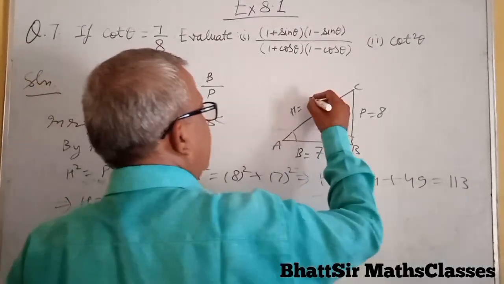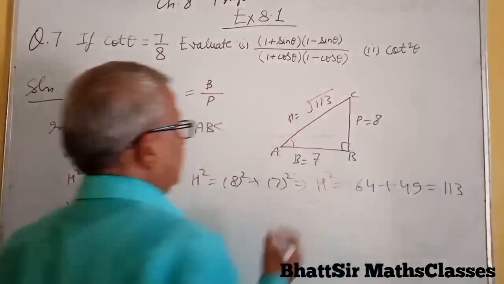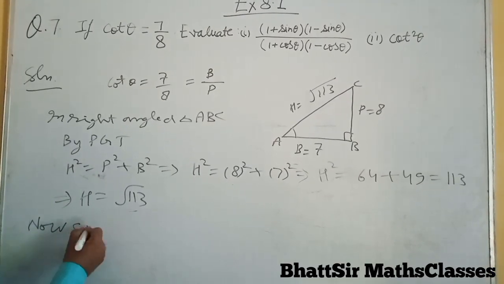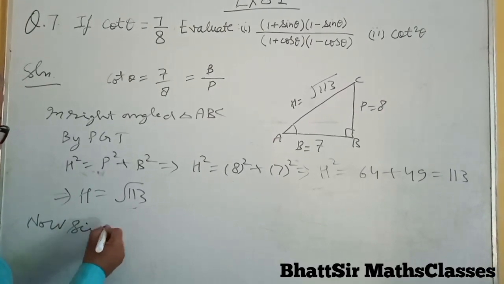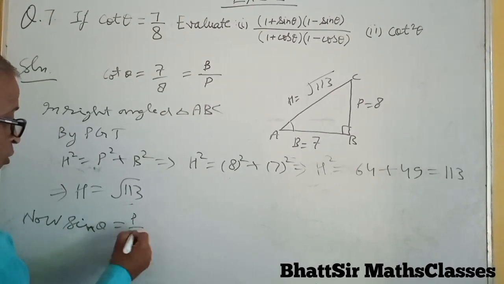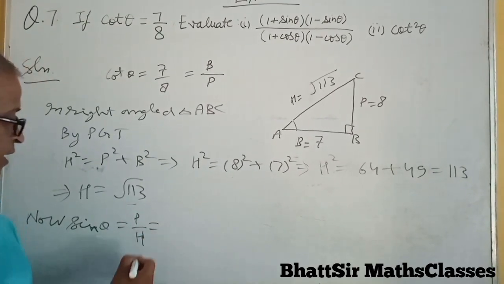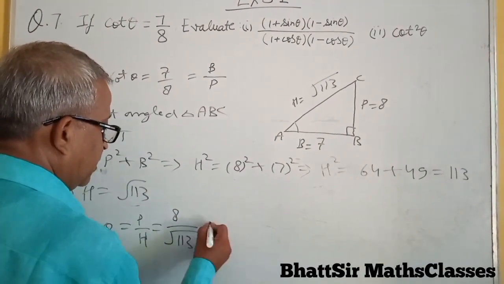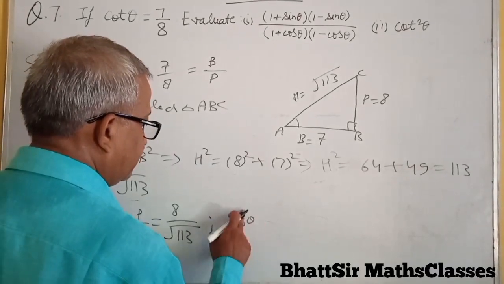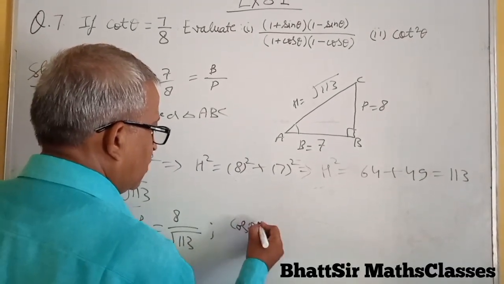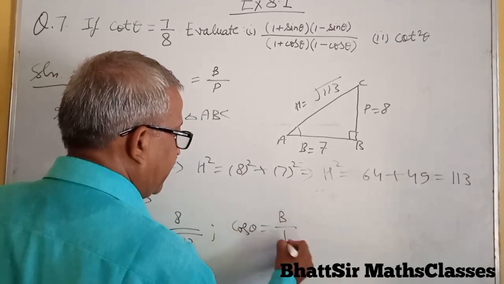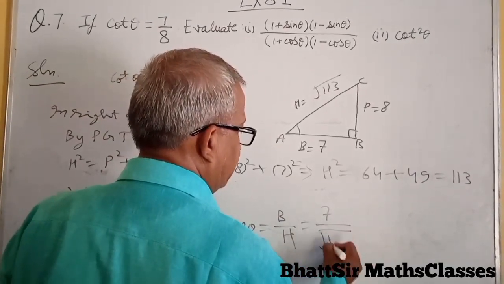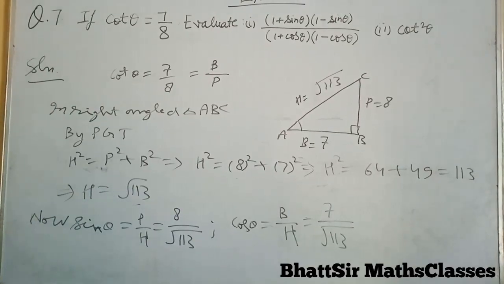So hypotenuse is under root 113. Now sin theta equals perpendicular over hypotenuse. It means 8 upon under root 113. Cos theta equals base over hypotenuse equals 7 upon under root 113. Note it down.